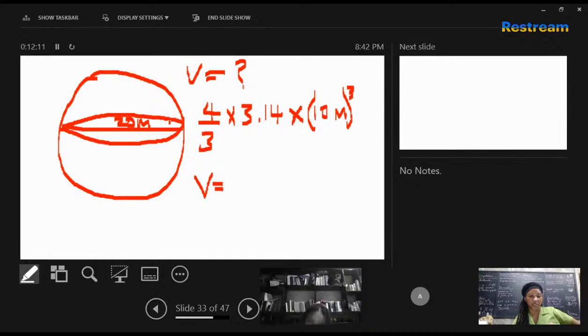Yeah, just work it out and tell me. That would be 4,186.6 meters cubed. Yes.